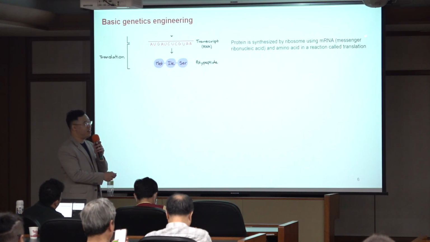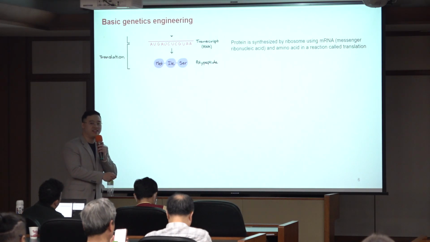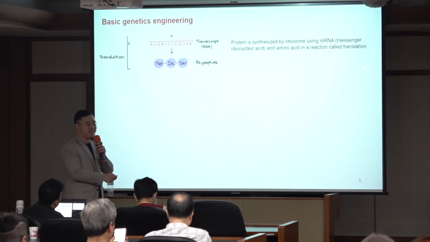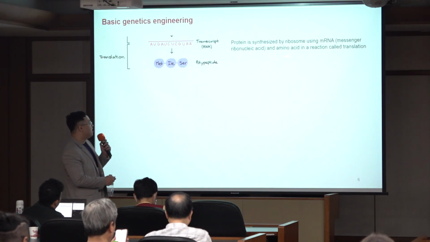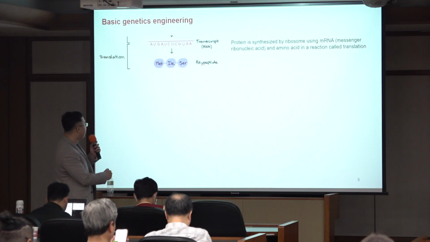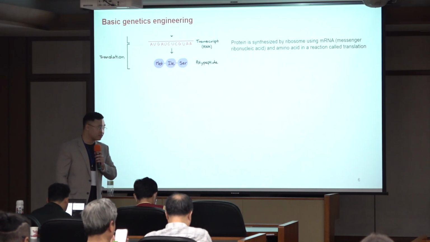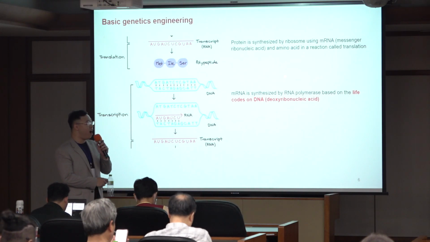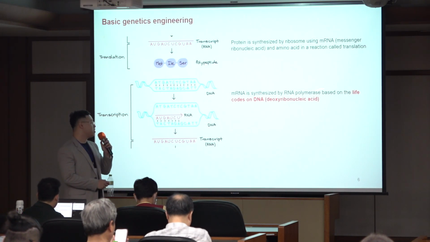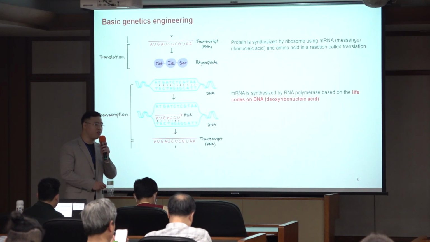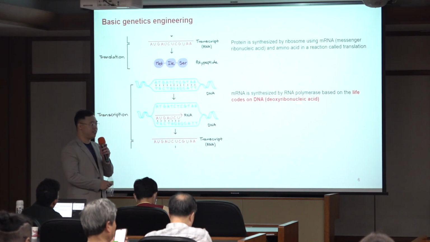I believe that a lot of people here have heard about mRNA from the COVID-19 vaccine. The mRNA, with the amino acids in the reaction called translation, gives us the protein. And the mRNA is synthesized by the RNA polymerase based on the very code of life, which is DNA.